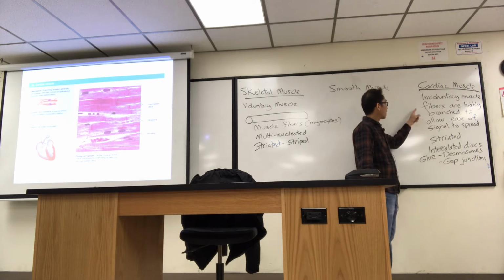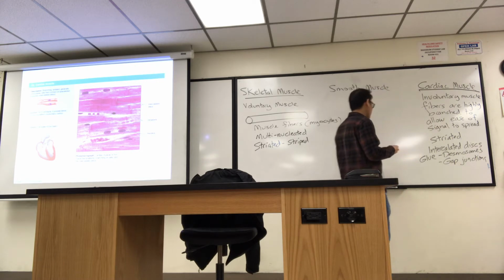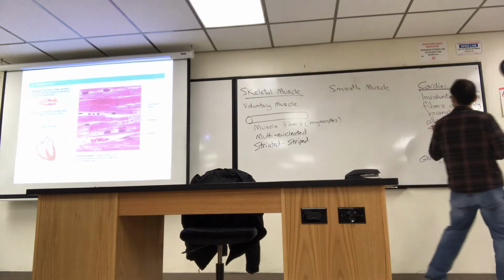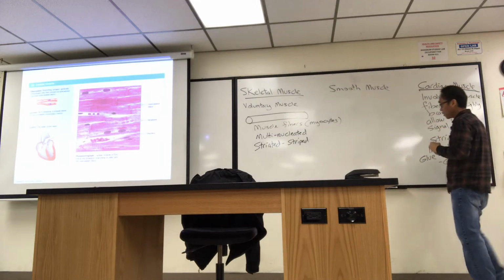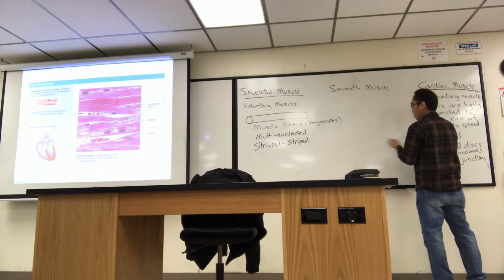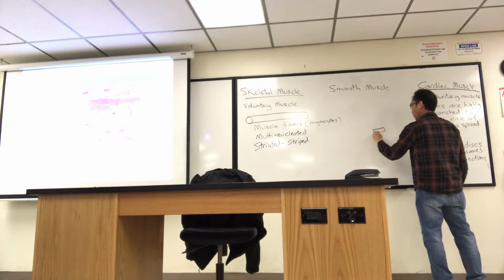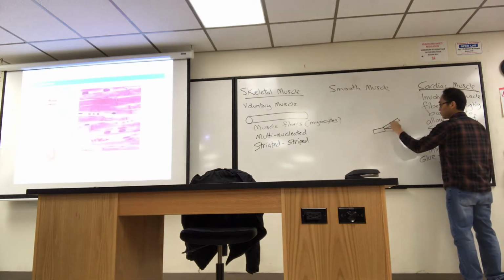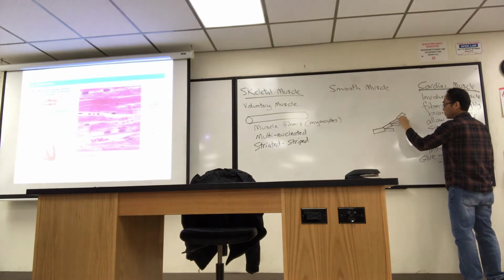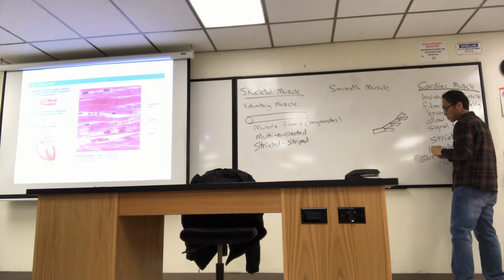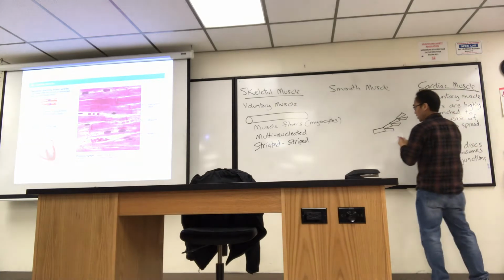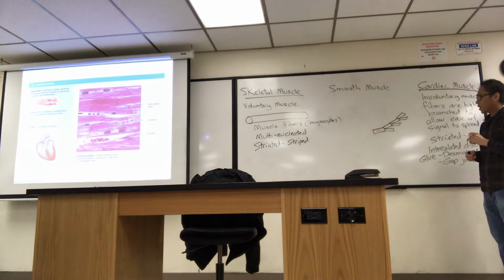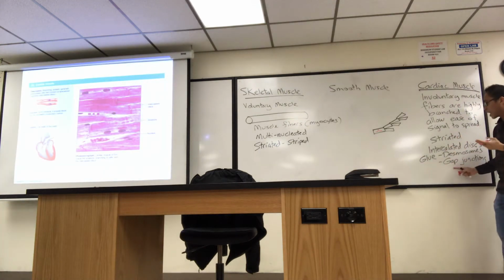And because the fibers are branched, the signal will spread easily. For example, if you have one cell here, but it's connected to two other cells, and those two cells are connected to two other cells, and this one's connected to two more cells. If the signal starts in this cell here, and it has to spread throughout this branch system, it can do so easily because of the gap junctions.